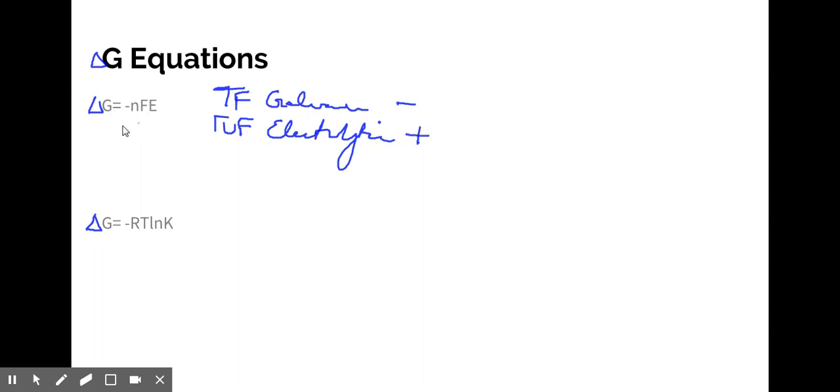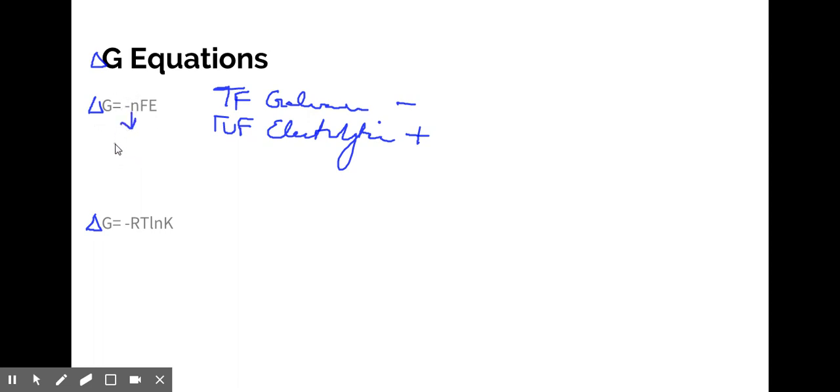So always go back and double check, because a lot of people forget that negative sign there, but it needs to be there. The reason why it's thermodynamically favorable, delta G is negative, is because galvanic cells get positive E cell values. Electrolytic cells, the reason why you get a positive delta G quantity is that electrolytic cells get negative E cell values.